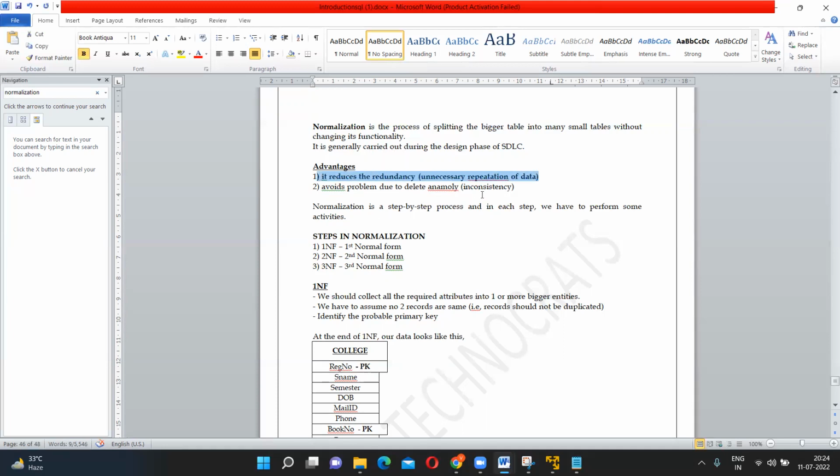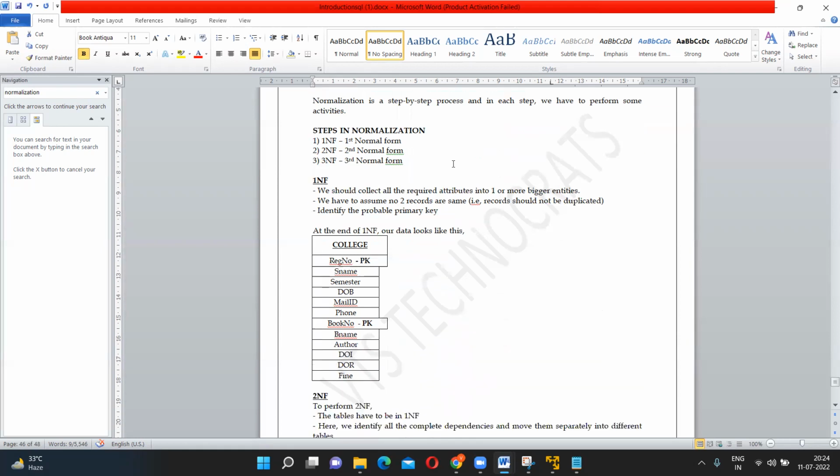The next advantage is to avoid the problem of delete inconsistency. If we are deleting a record, there will be some inconsistency happening. So we require normalization. In normalization, there are three forms: first normal form, second normal form, and third normal form.